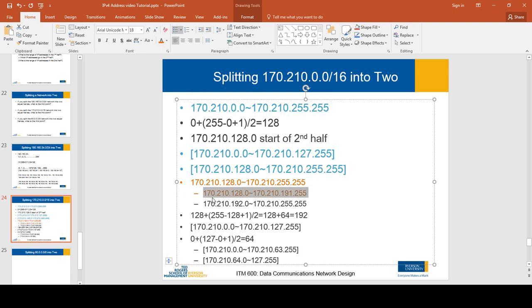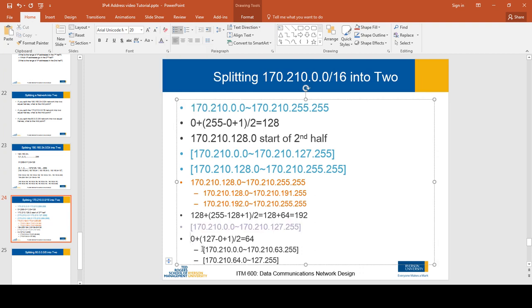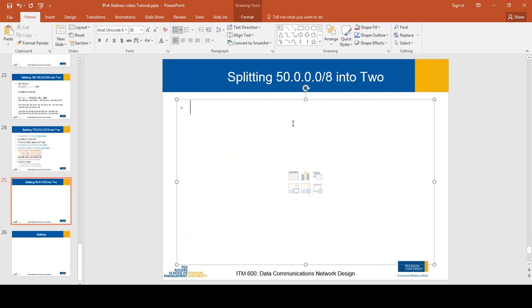You get this is the first half and this is the second half. Or if you are given this range instead, then you split into two. This is the first half and this is the, okay, I didn't fill this up, so I'm going to fill up 170.210.127.255.